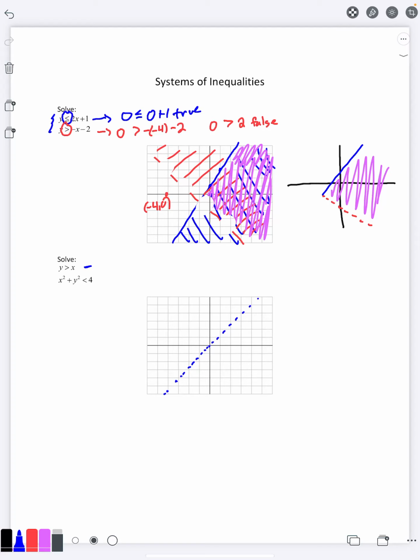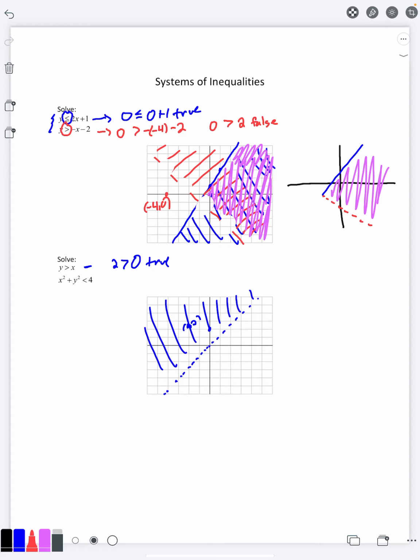Now, in this case, the line actually goes through the point 0, 0, so I cannot use 0, 0 to test. You can pick any other point that's not on the line, though. For example, if I pick 0, 2, I plug in y is 2 and x is 0, that's a true statement. So I go ahead and shade in there.